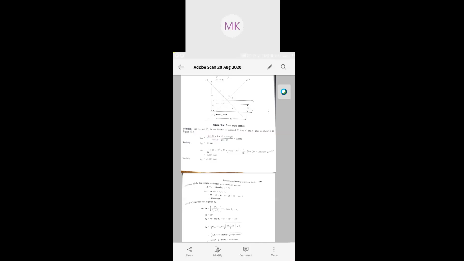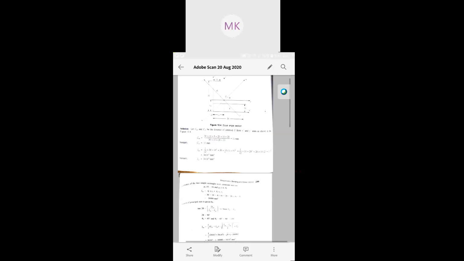H1 is the distance from the x-axis to the center of the first portion, meaning the area we are considering for the below part. So for the first section, we need to find the height from the x-axis to the center of that section. So how are we going to find it out?